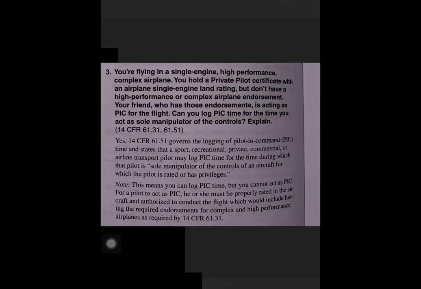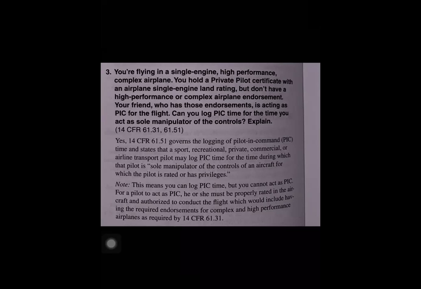Yeah, but what if the friend wasn't a flight instructor? True. They're still acting as pilot in command because they're rated for the aircraft. If you put the hood on, they can also act as a safety pilot. And that's where this question really runs into issues of why would you be manipulating the controls? About the only scenario that would work is you put the hood on in this complex airplane and manipulate the controls under the hood.